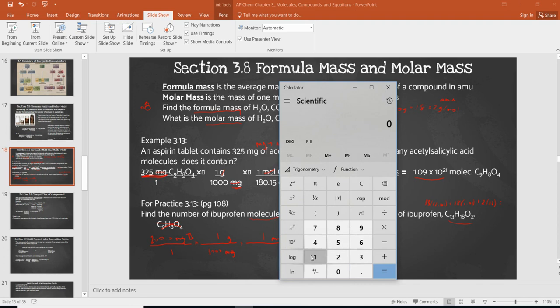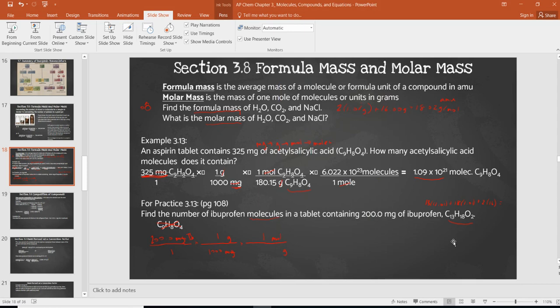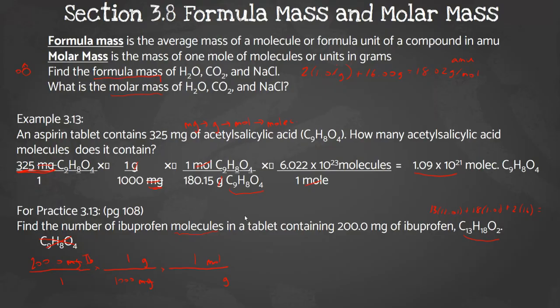So I just need to do 13 times 12.01 equals, okay, and then add my 18.18 for the hydrogens, and add my 32 for the oxygens, and it's 206.31 grams, and then last but not least, now that grams have canceled, I need moles to cancel.